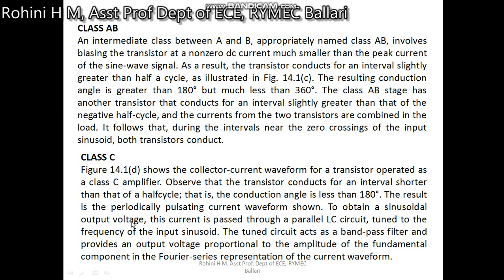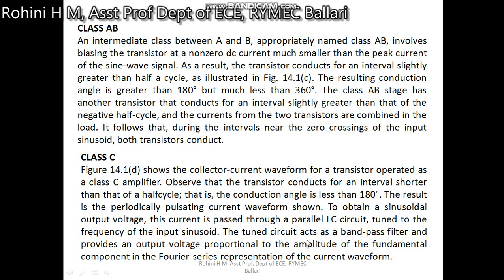To obtain a sinusoidal output voltage, because it is a periodically pulsating current waveform, this current is passed through a parallel LC circuit tuned to the frequency of the input sinusoid.